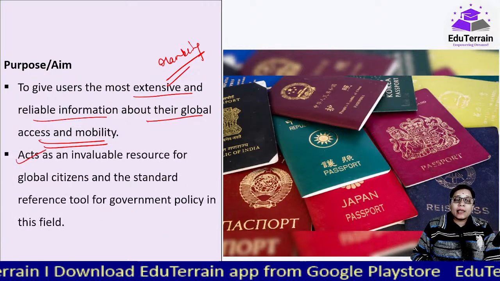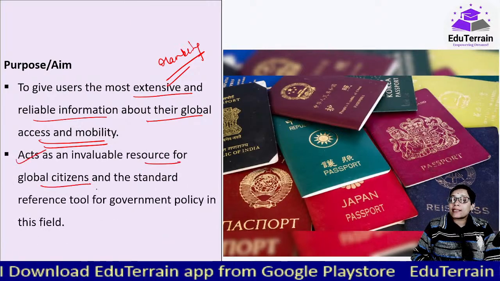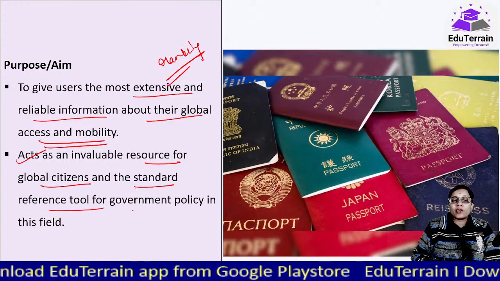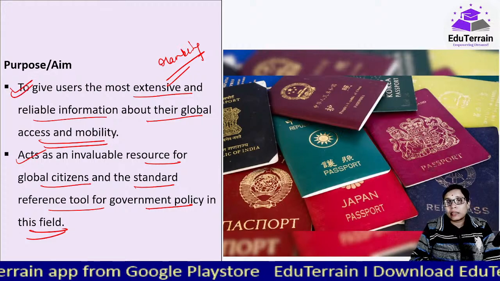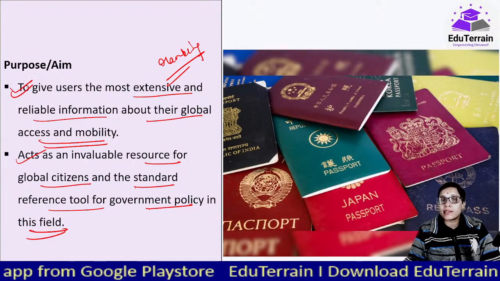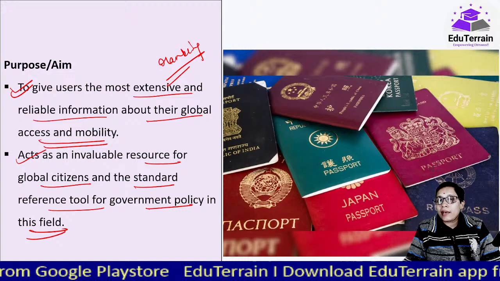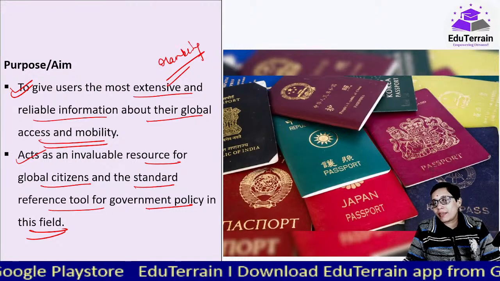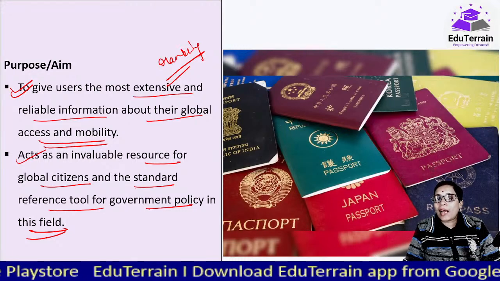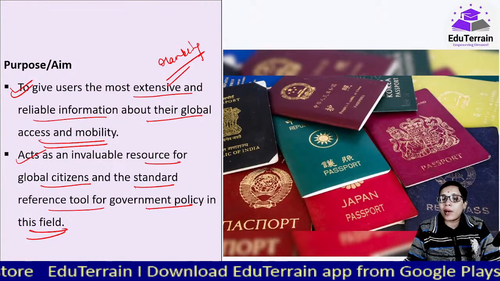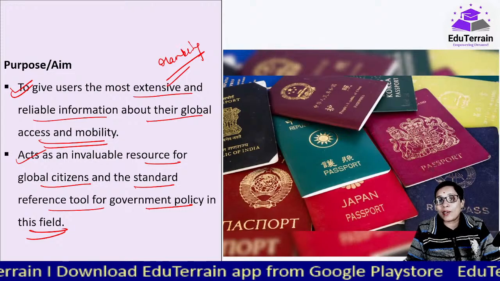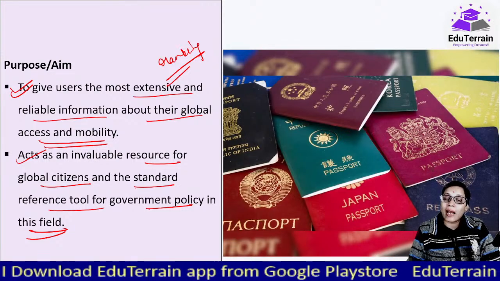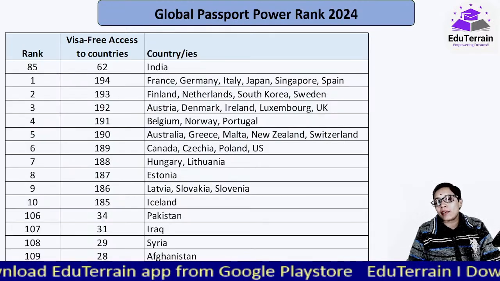It acts as an invaluable resource for global citizens and a standard reference tool for government policy in this field. So this will also help governments and policy makers understand where they stand and what kind of relationships they can build, so that the powerful passport tag, that is one of the most important things. For that they can utilize these rankings.